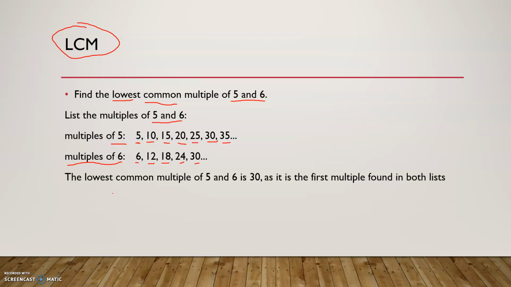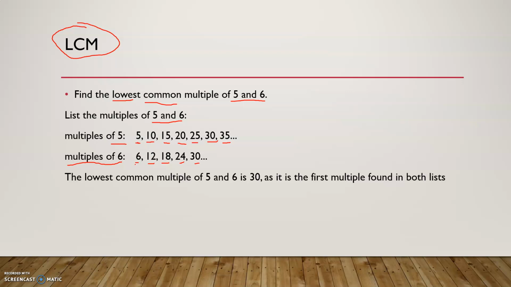Now what we have to look at is lowest and common. Multiples of 5: you look at the lowest, which is 5. Now we have to see if we find a 5 in the multiples of 6, and if it's common, then we can take it as the lowest common multiple.